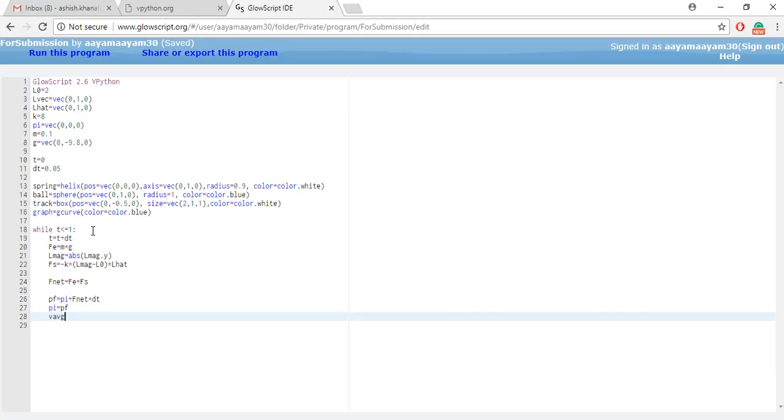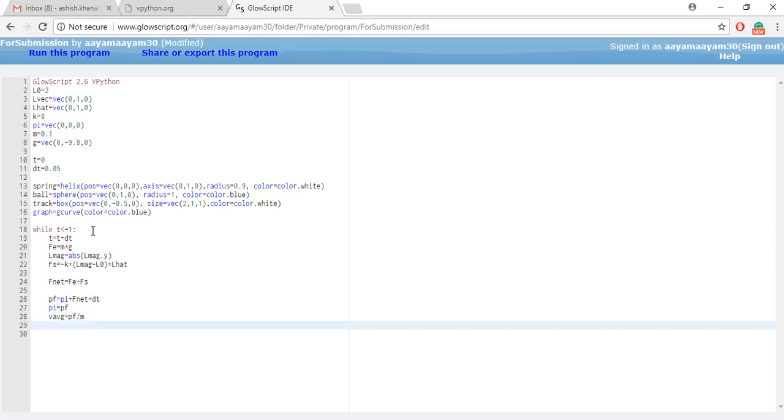As the ball is initially at rest, the average velocity is equal to the final velocity, which will be given by Pf over m. Now the final position for the first iteration is r initial plus v avg times dt.